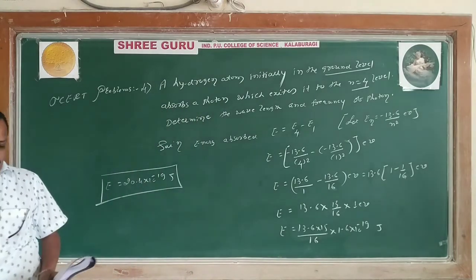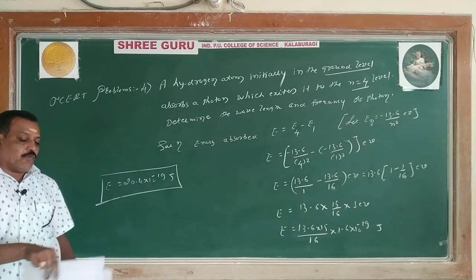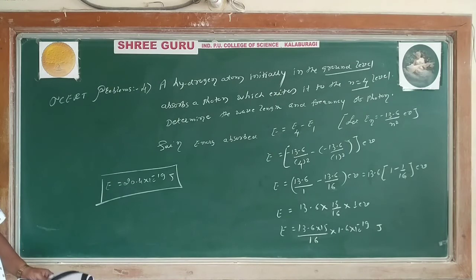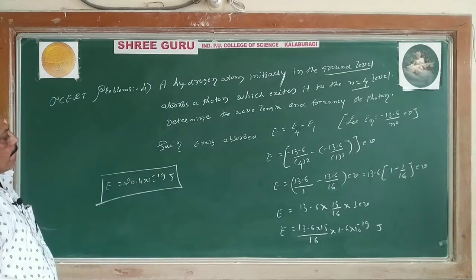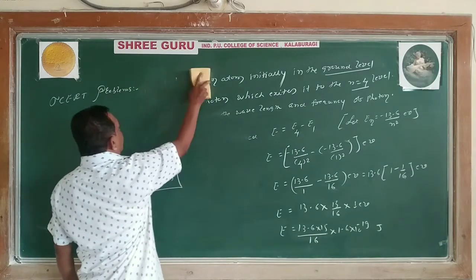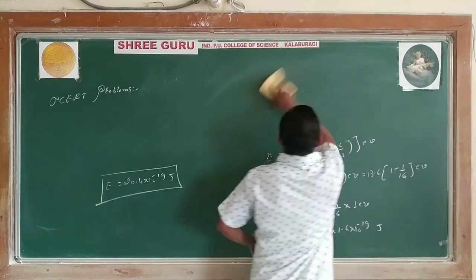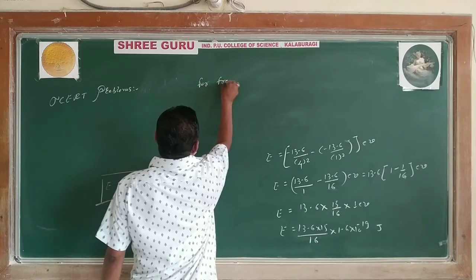Then I go for frequency and wavelength. For frequency, shall I go for frequency vector? Right. सही है ये. And I go for frequency. Frequency होना है. For frequency.